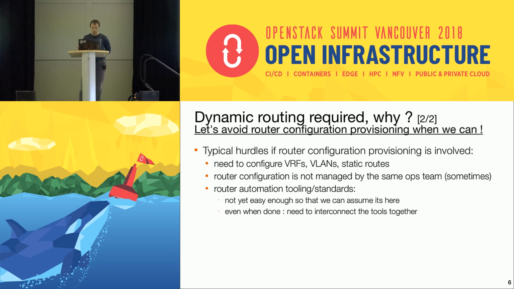But very often, the router configuration is not managed by the same ops team as the cloud or as the VNFs. And even when it is, it's different tools that you need to introduce to do router automation. The state of the technology today is such that we can't assume that it will be easy to do this configuration in a standardized way.